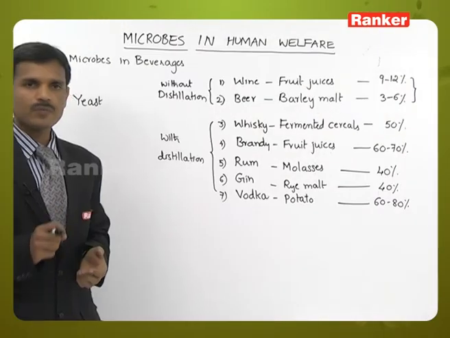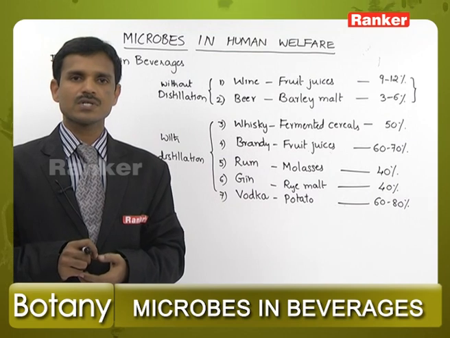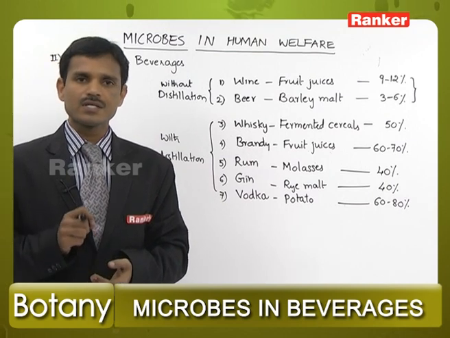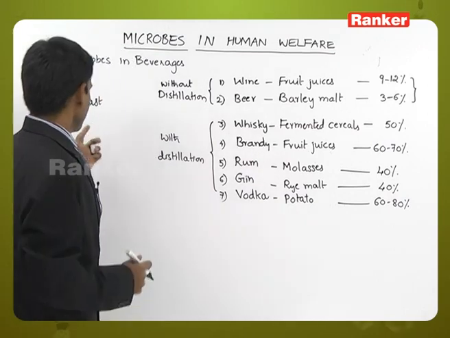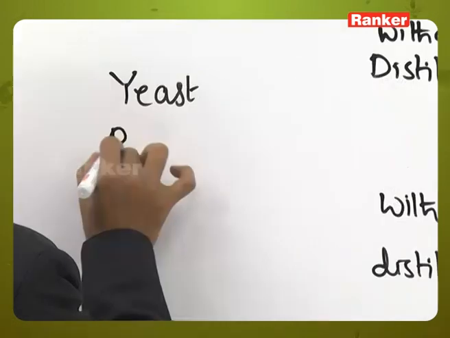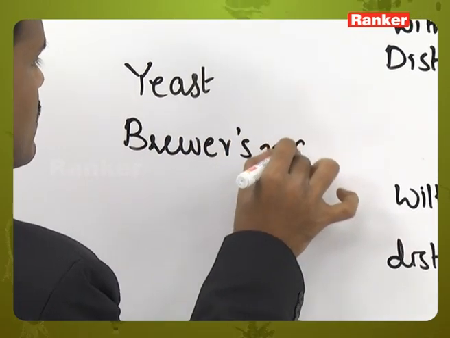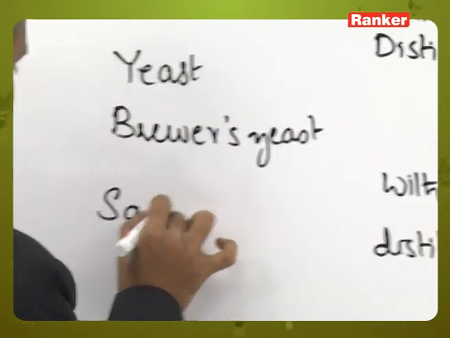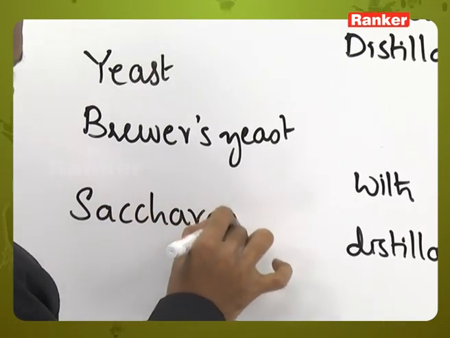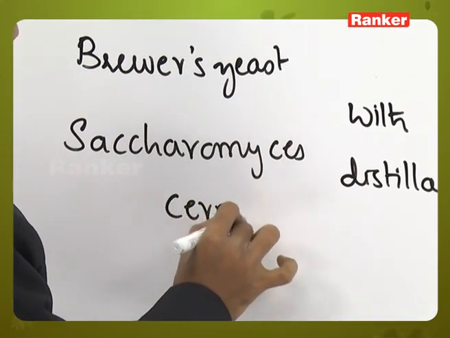In the production of these alcoholic products, yeast is used, and sometimes other bacteria are also used. The common brewer's yeast is Saccharomyces cerevisiae.